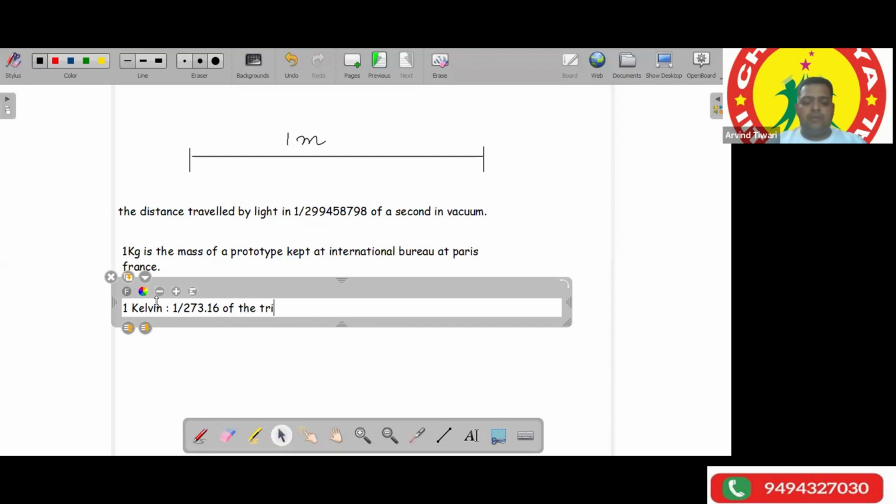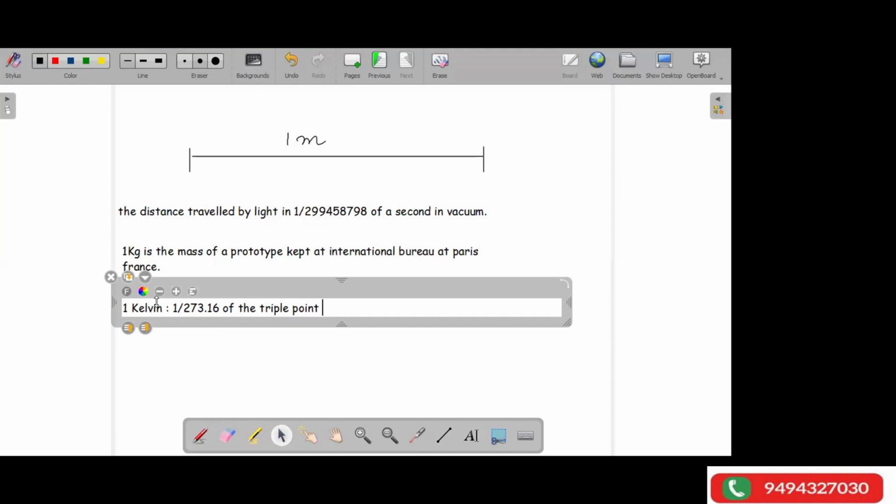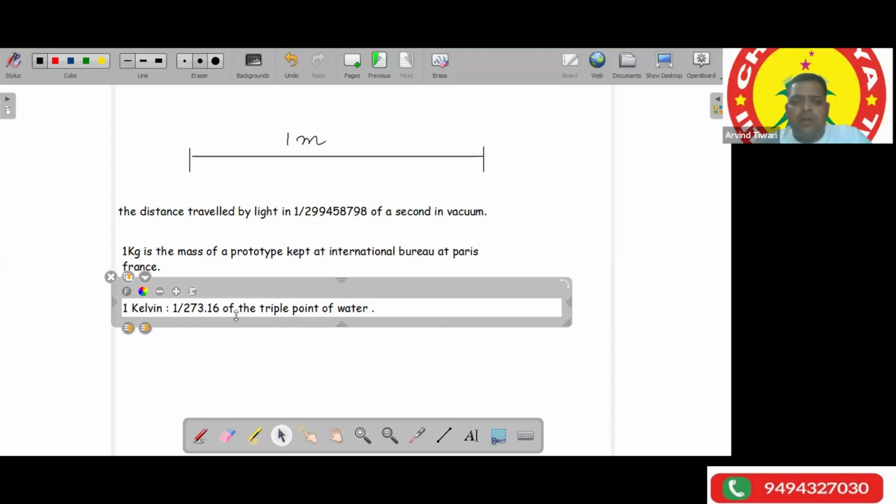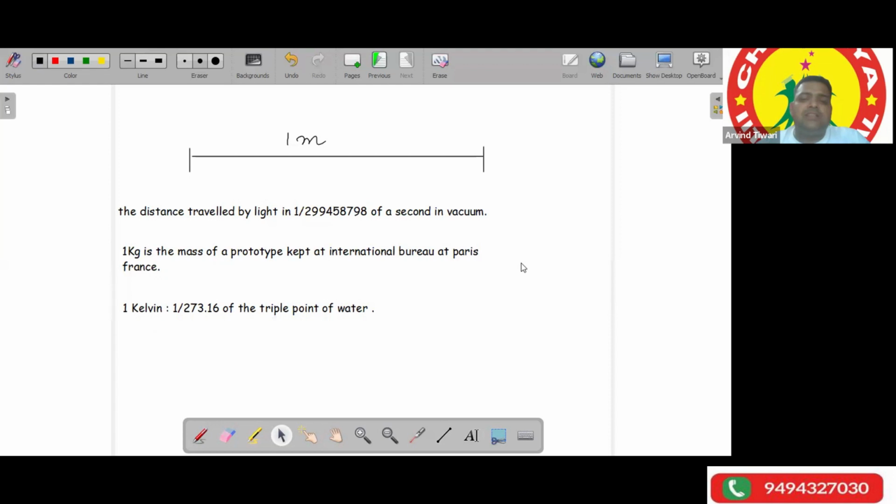So, what do you mean by the triple point of water? Let's see what the triple point of water is. As you know, we can change from water to ice and ice to water.